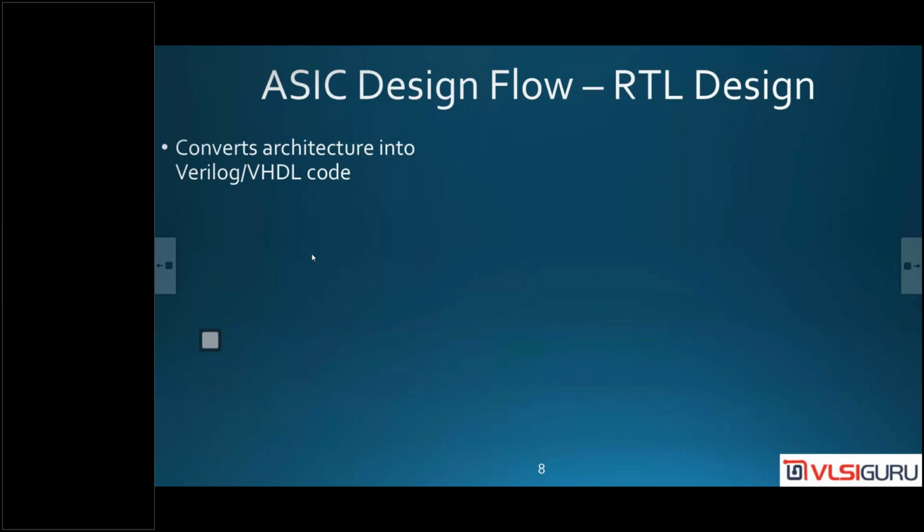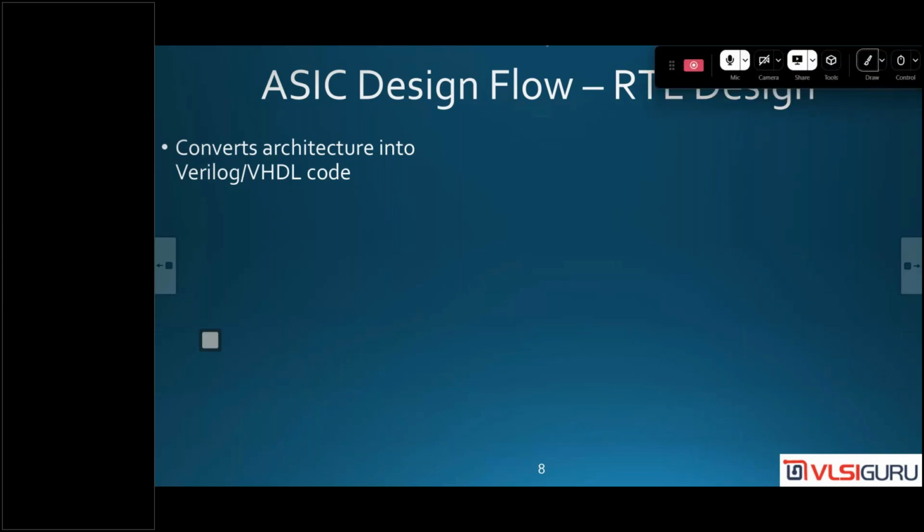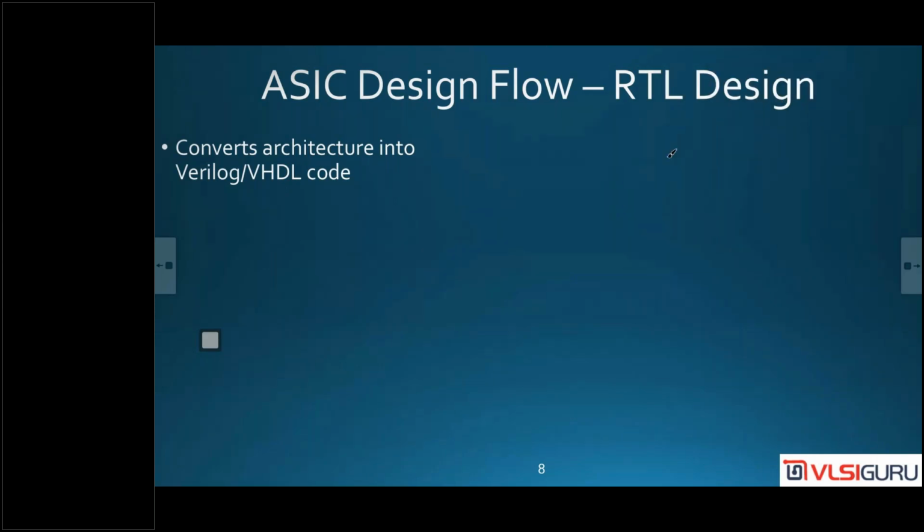Why do we have to use Verilog or VHDL to describe any circuits? Because Verilog or VHDL will allow us to describe the circuits based on its behavior, not on the structure. So just I will give one example, right? Tell me, you have a 2:1 mux.